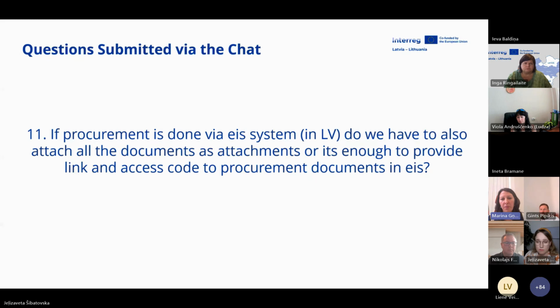There is an input field for comments, I think up to 1,000 to 2,000 characters, so it's enough to provide the link. You don't need to attach all these documents. The access code, if you can give it within the same comments, it's fine, or you will be in touch with your controller and send the code directly to the controller. The approach is the same for partners from both Latvia and Lithuania.